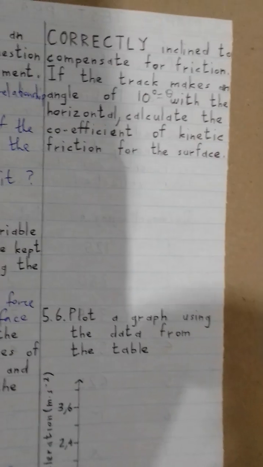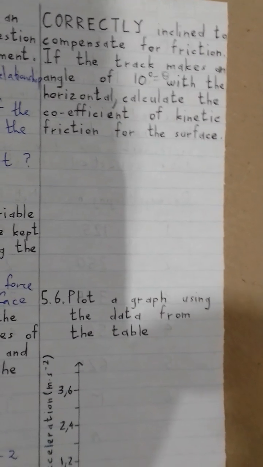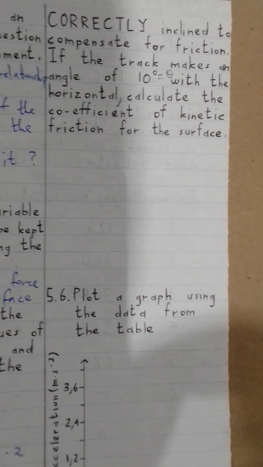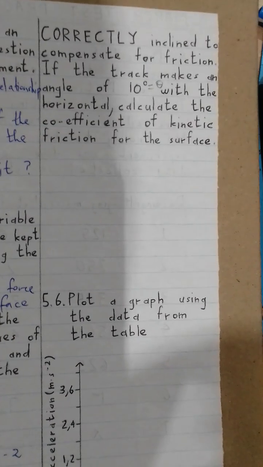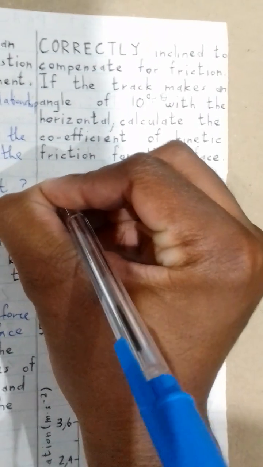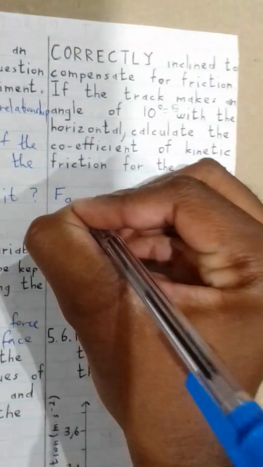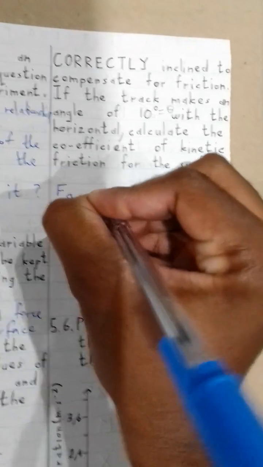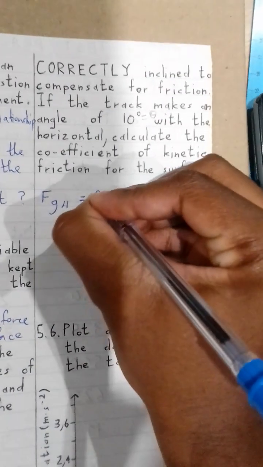Okay. I wish I could draw it for you, but that would take up my time. Forgive me. So what I need you to remember is that force of gravity parallel is equal to the kinetic frictional force. Okay.